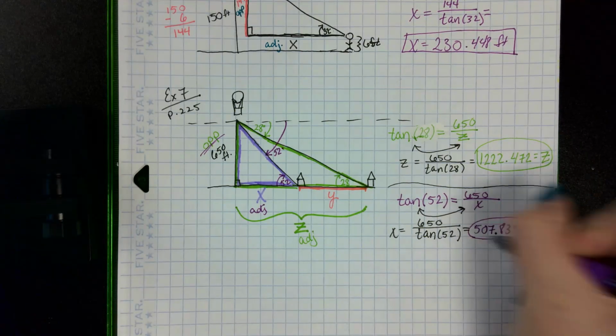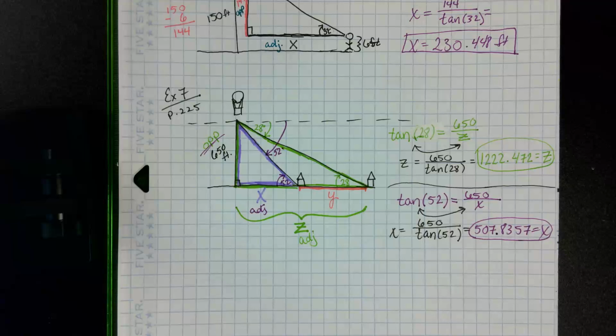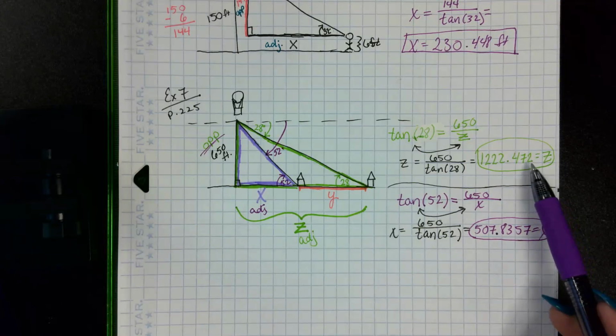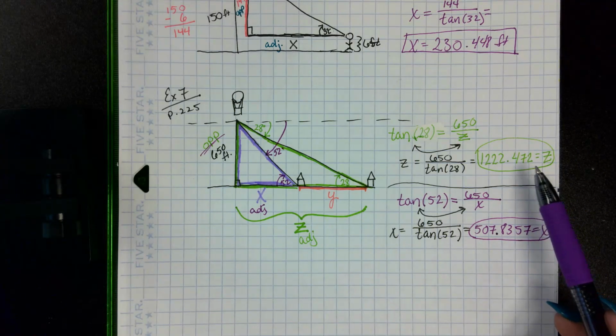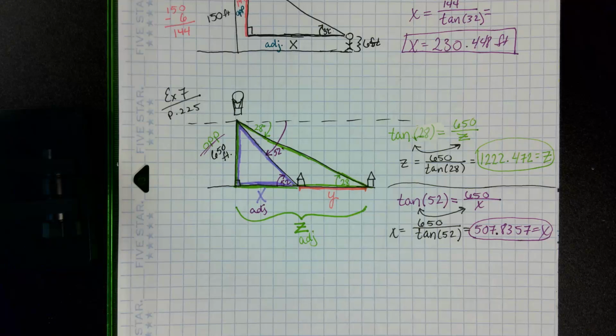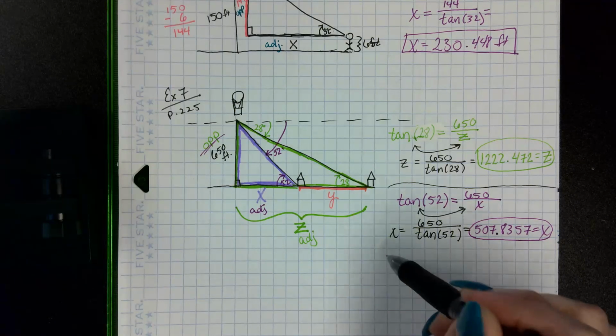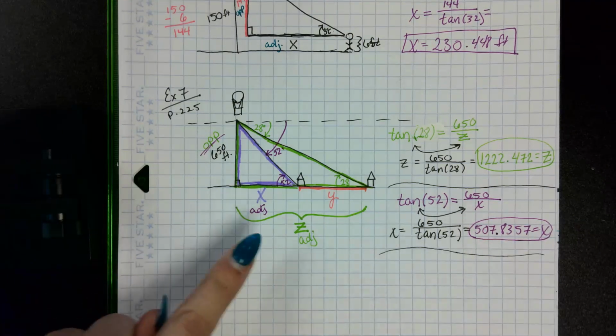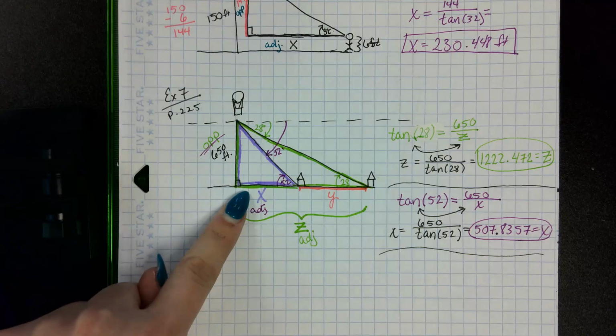When you're rounding, before you get to your final answer, you should always go one more decimal place than your final answer is supposed to be, so you don't lose any information when you round. So that's why I did 4 here. I probably should have done 4 decimals on the other one also, but I'm not going to worry about it too much. Now I have the green length and the purple length.